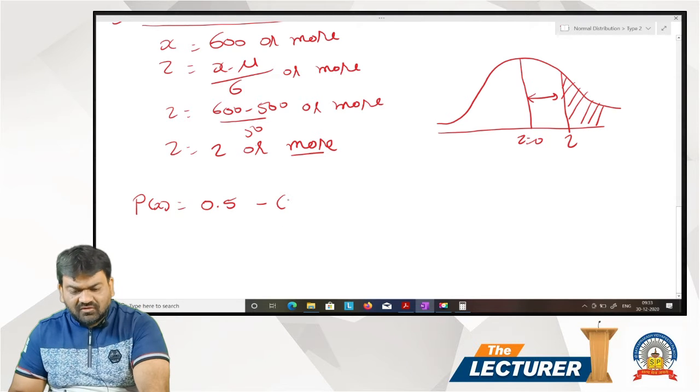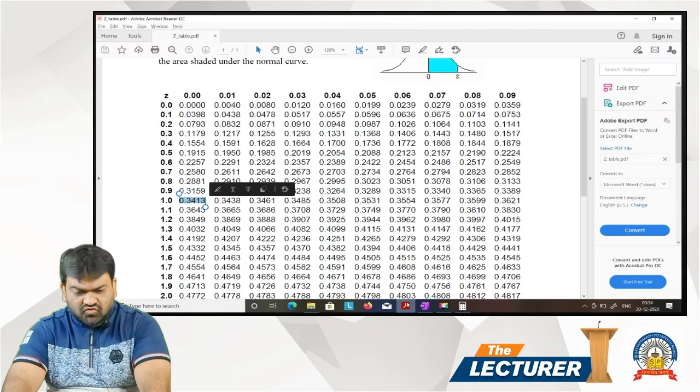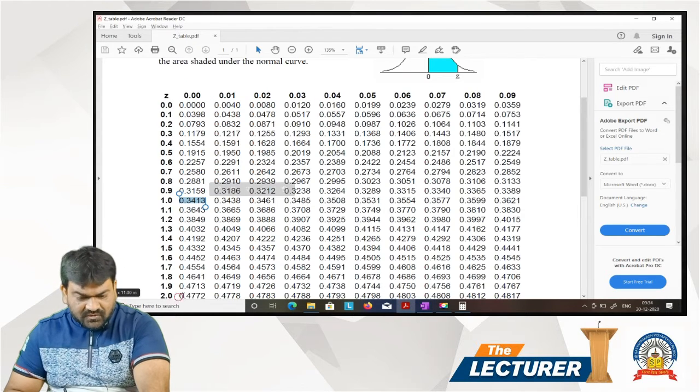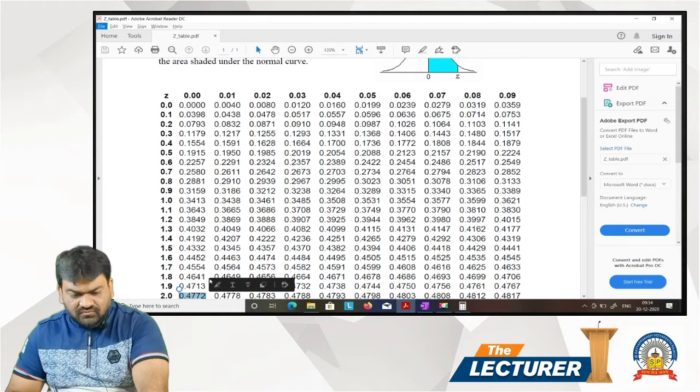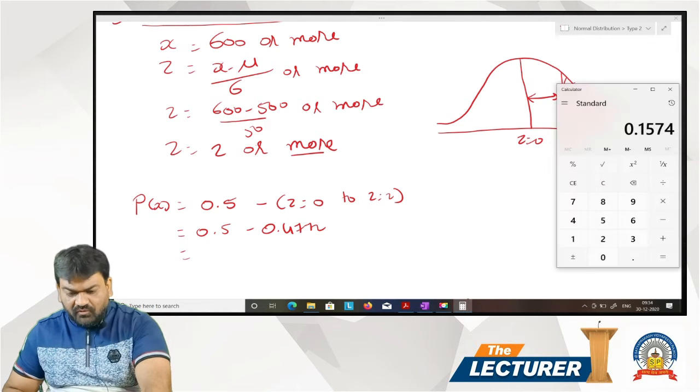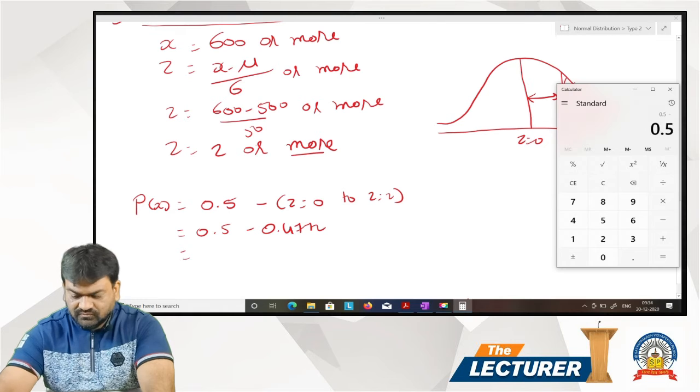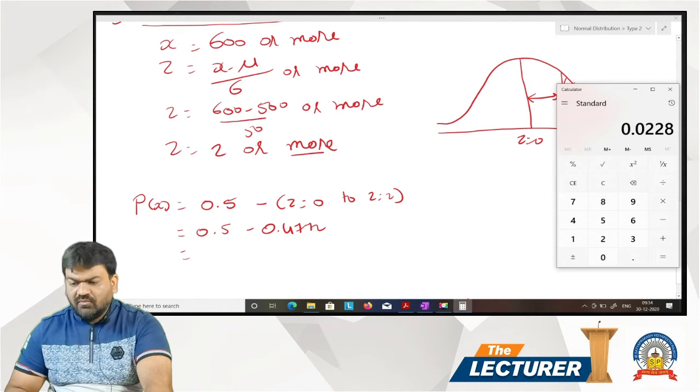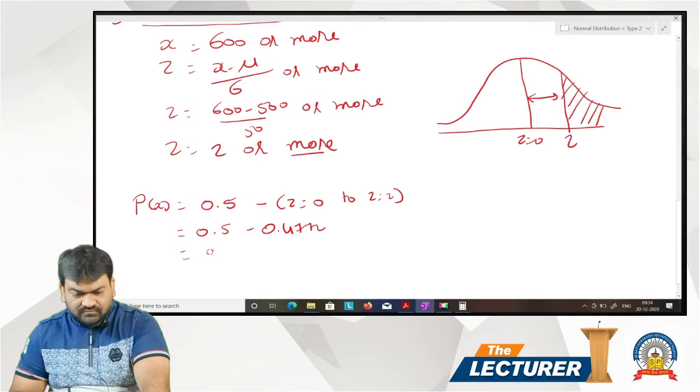For z is equal to 2, 2.0, the value is 0.4772. So 0.5 minus 0.4772 is 0.0228. This is your second answer.